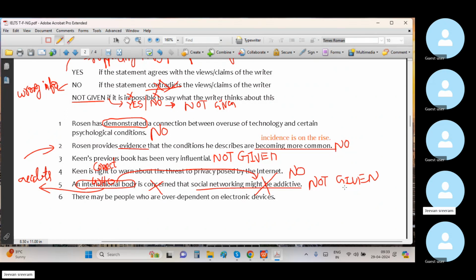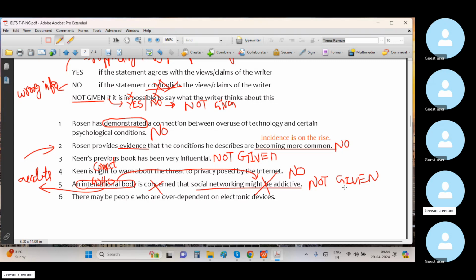There is no concern given. Concern here means worry. Is the international body worried that social networking might be addictive? No, there is no such information given anywhere in the passage. Is it clear? Yes, sir. Clear. That must be considered not given.